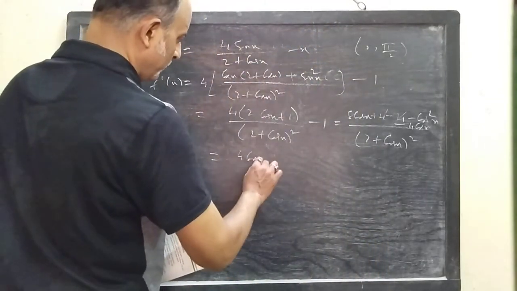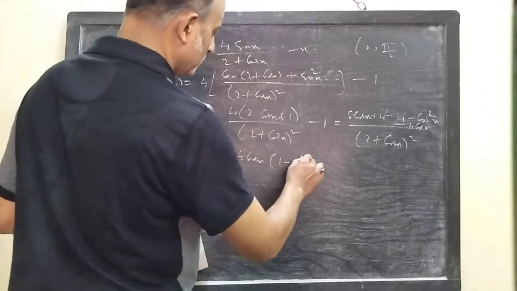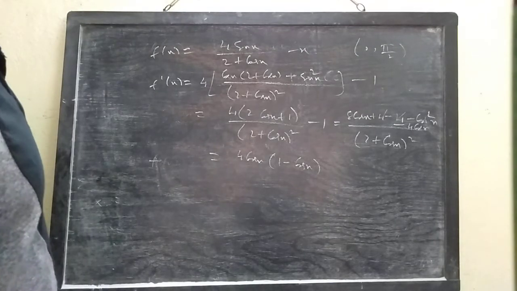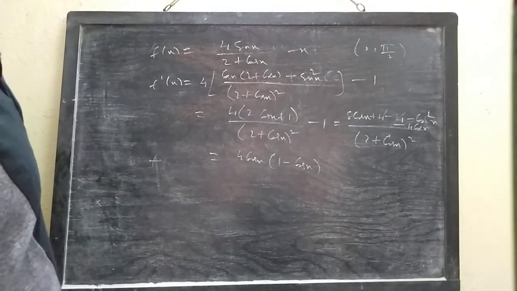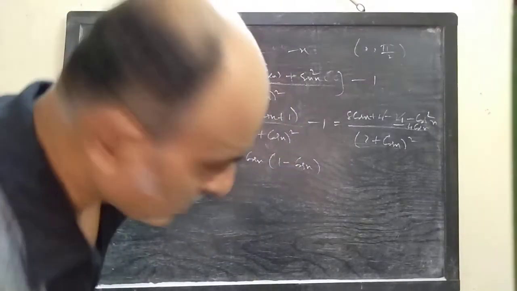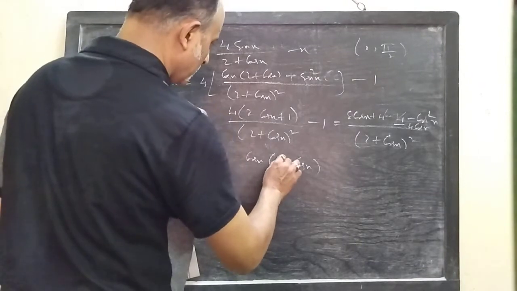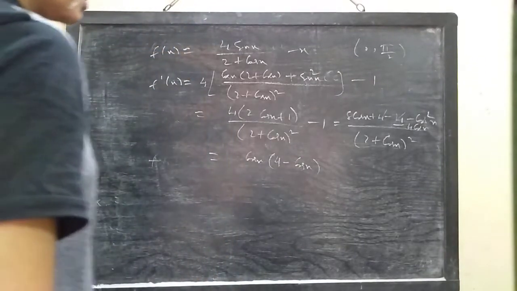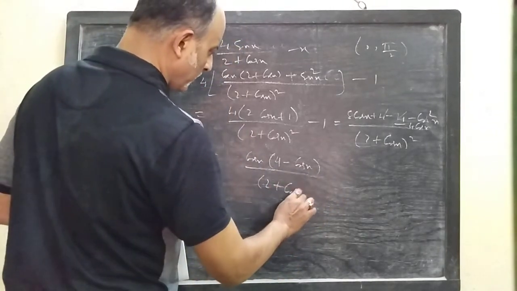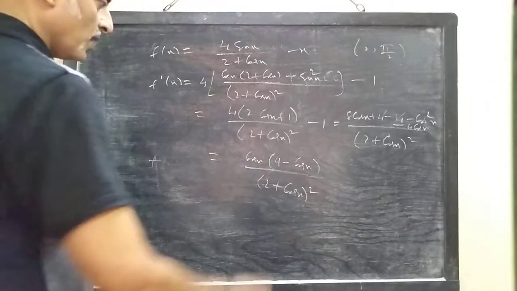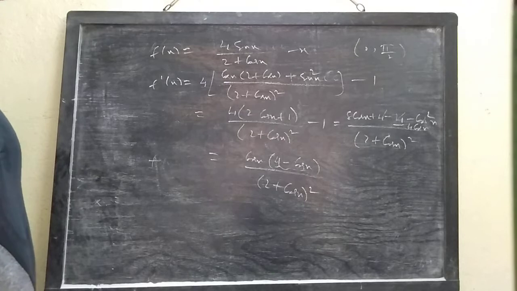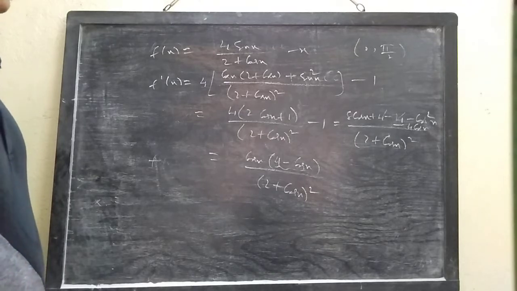So you can take cos x common, you get (4 - cos x) divided by (2 + cos x)^2. 4 minus cos x is always positive because maximum value of cos x is plus 1, so 4 minus 1, it is always positive.